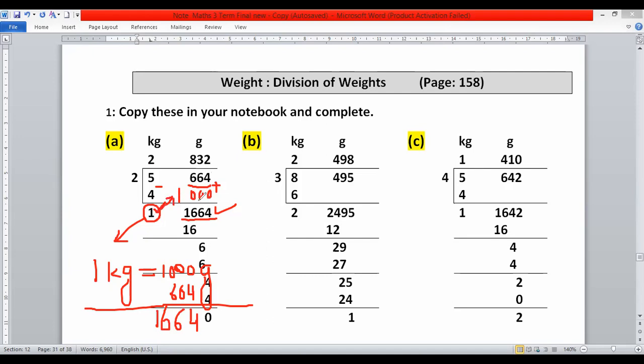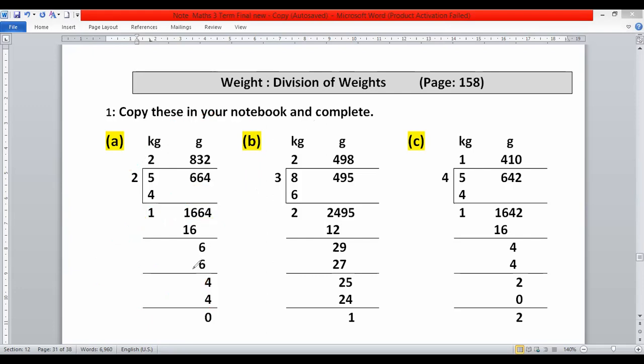So you cannot add 1 here, because you must change 1 kilogram into grams, and then you can add grams with grams. When you add, you get 1664. Now you will divide 1664 by 2.